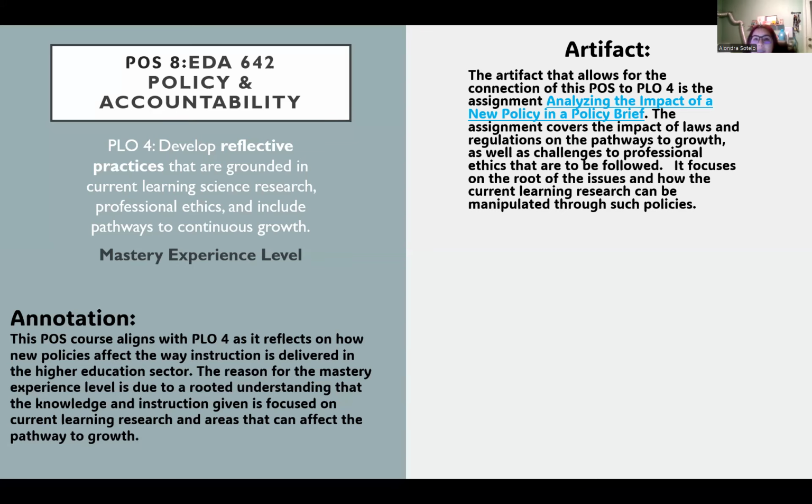It provides a deeper understanding of when a policy is put into place, how this policy is going to affect the way that instruction is being delivered. So it really allows for a way to reflect on how the current learning science research, or what studies are currently being conducted, and how these policies will actually alter those different research studies.